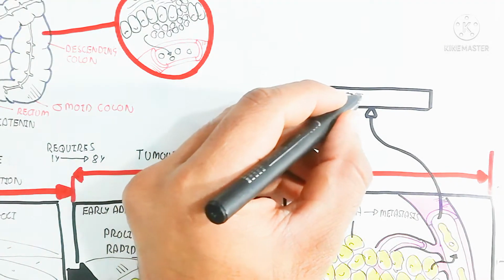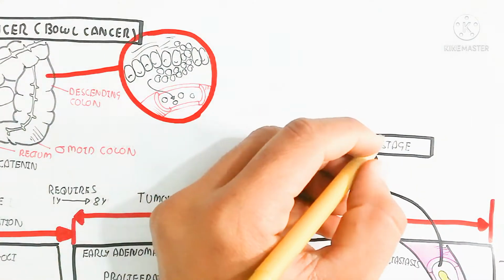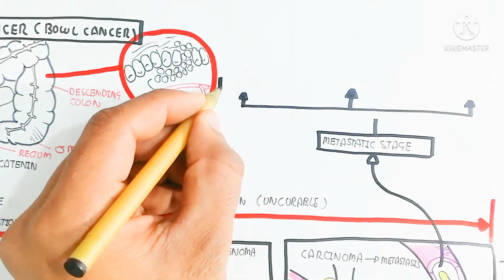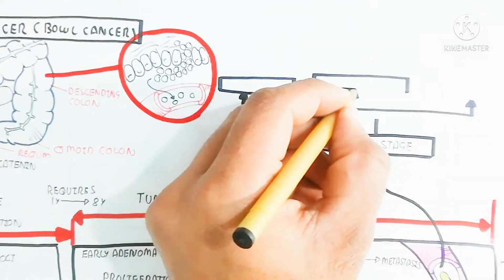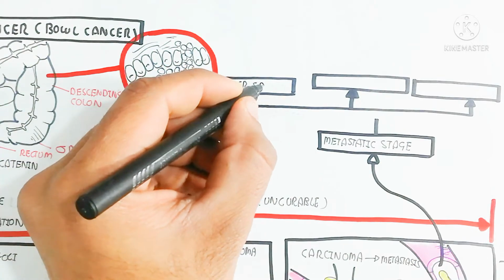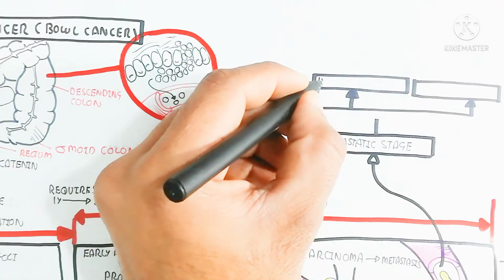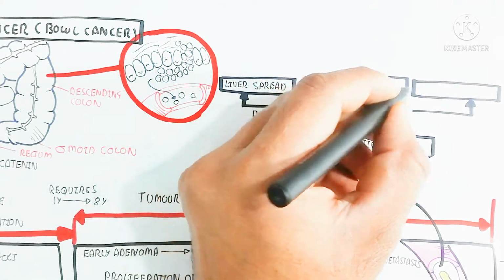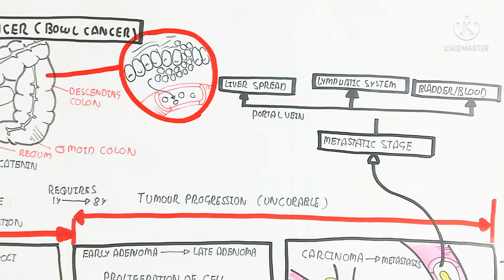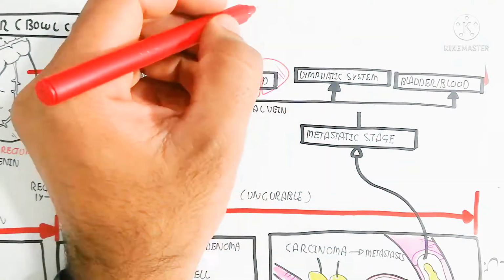First, they go into the metastatic state, into the portal vein, and the liver is the major part for the separation of cancer cells because of the portal vein. The next is the lymphatic system, because lymph nodes and lacteal ducts are present in the digestive tract, basically in the villi, which contain the lymphatic system.